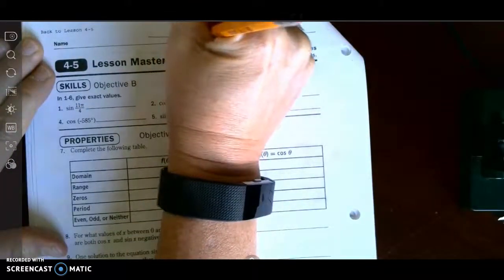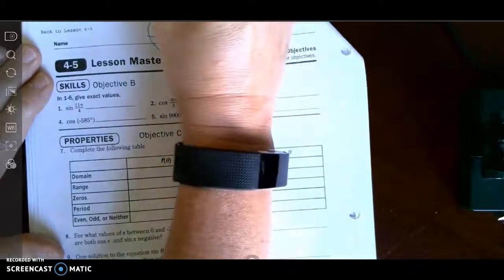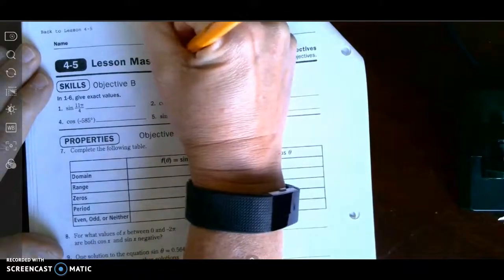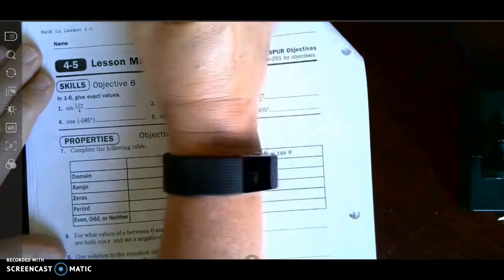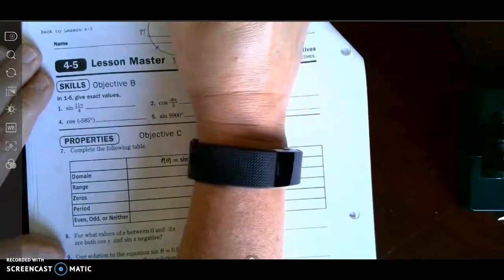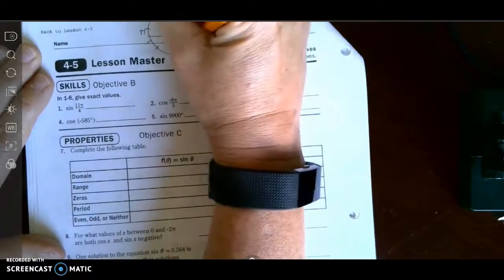I'm a visual learner, so I like to look at a picture of a unit circle. Pi over 2, this is pi, 2 pi. And I know that my pi over 4s are here. And then I have my pi over 6s, and my pi over 3s.